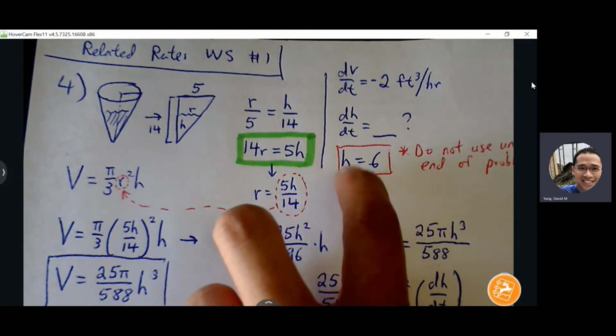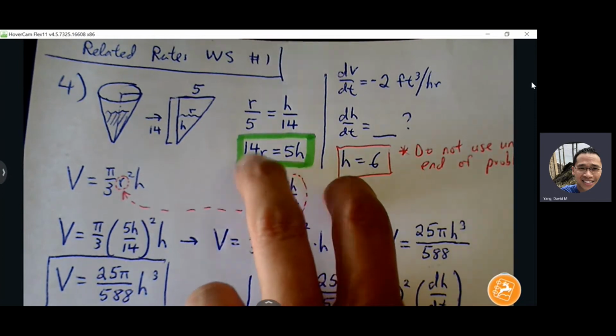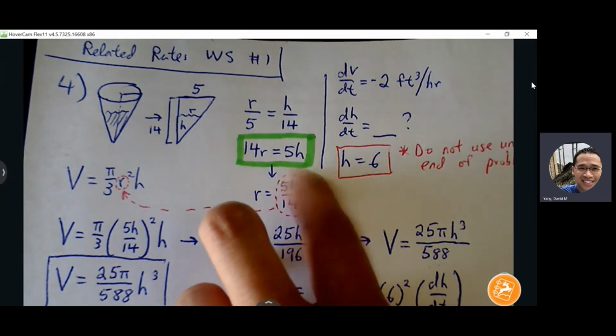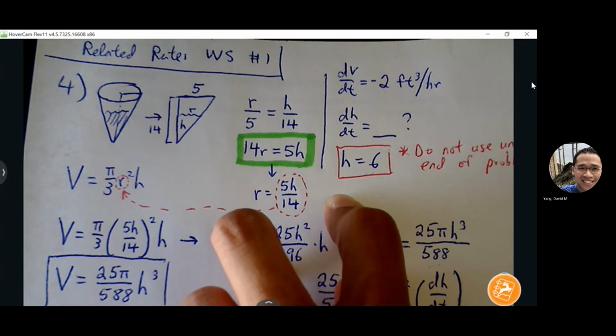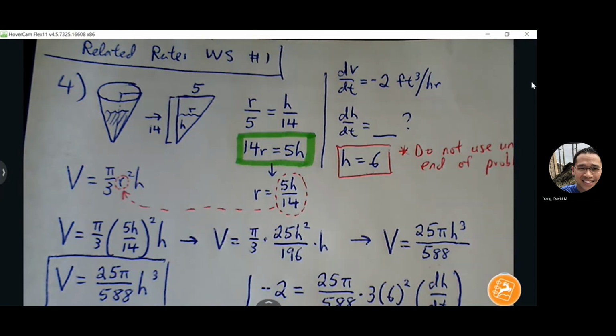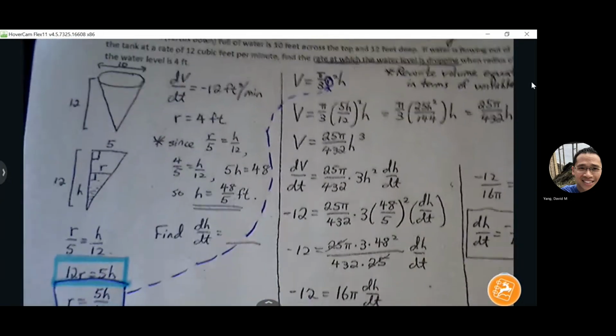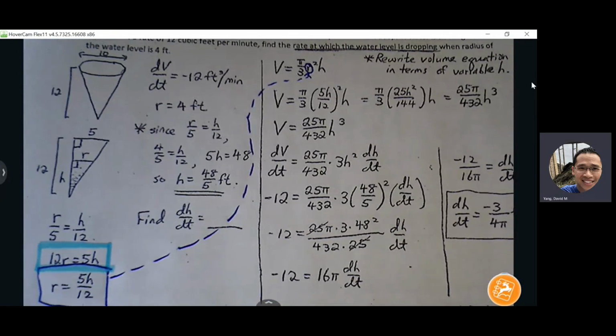So if I have r, I can simply rely on this equation to solve for h. I'll send you guys the key tonight, but you guys will continue working through these 4 problems, and we'll go over these 4 in detail tomorrow as well.